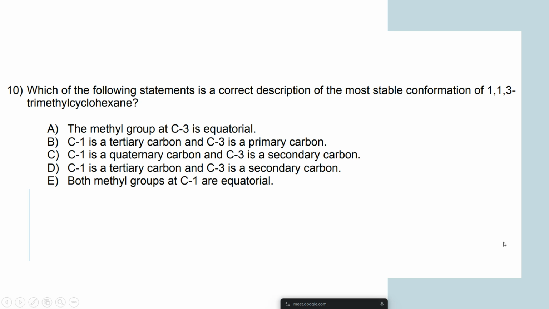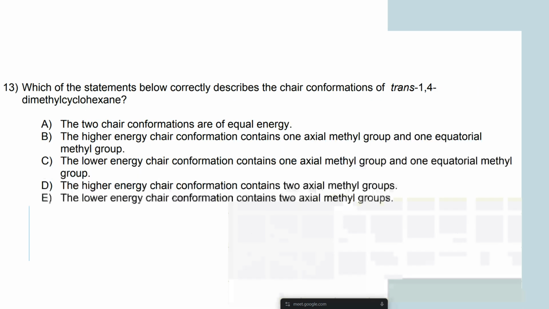Okay, so let us move to the next question. Which of the statements below correctly describes the chair conformations of trans 1,4-dimethyl cyclohexane? So now you will have to draw the chair conformation of trans 1,4-dimethyl cyclohexane.